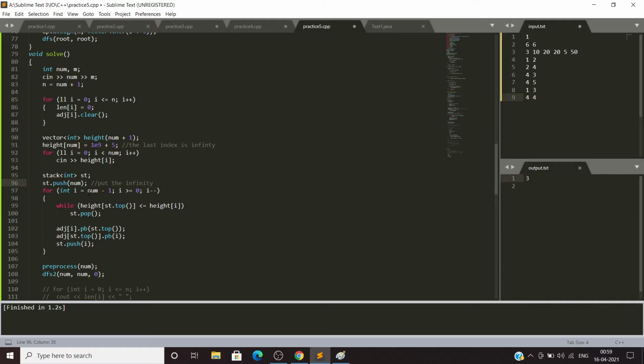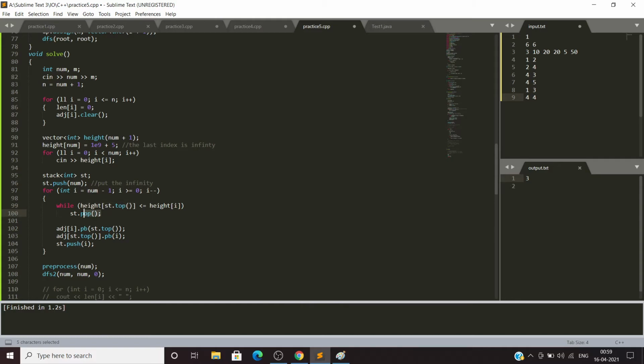Then I am traveling from backwards. For every element, while the topmost element is less than the current height, I am not going to look for the mountain that is smaller than or equal to my height.